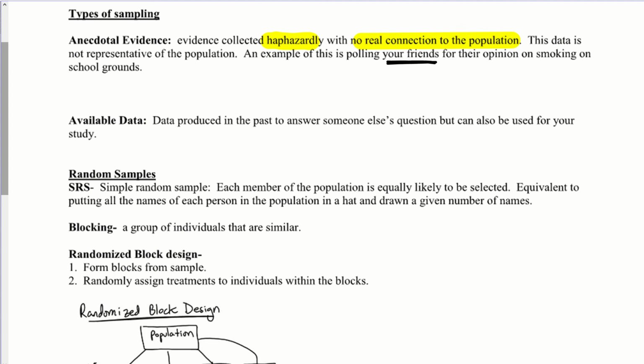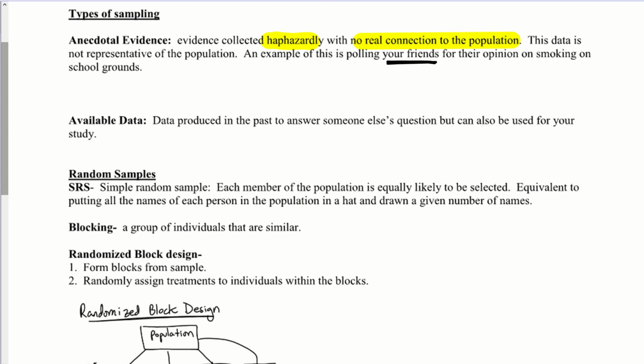Now, available data is data produced in the past to answer someone else's question, but it can also be used for your own study. That could be fine. There's nothing wrong with having available data. What I mean by that is, you might look at this and say, well, isn't all data available? That's not what I'm talking about.